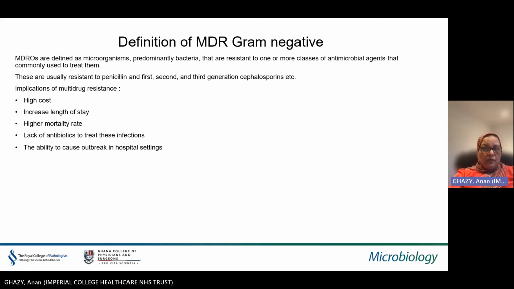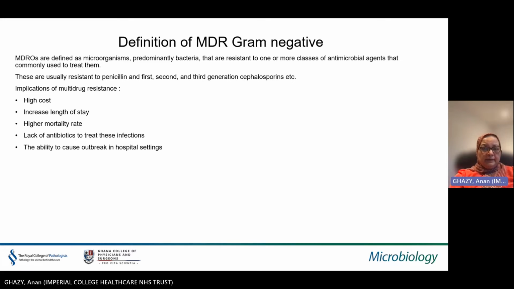So MDROs are defined as microorganisms, predominantly bacteria, that are resistant to one or more classes of antimicrobial agents that are commonly used to treat these bacteria. These are usually resistant to penicillins, first, second, and third generation cephalosporins, and the implications of these multi-drug resistant organisms are huge.